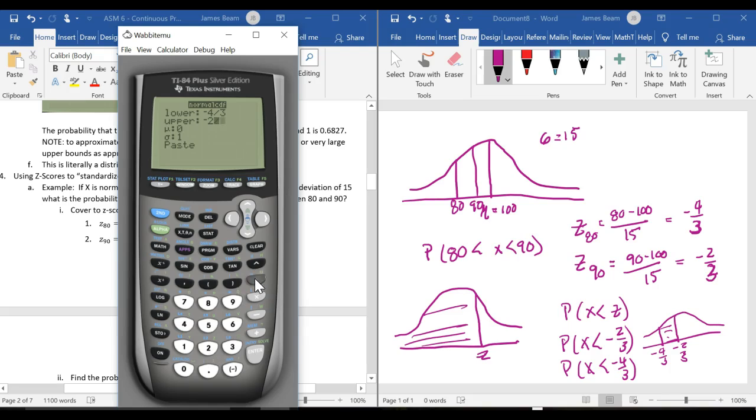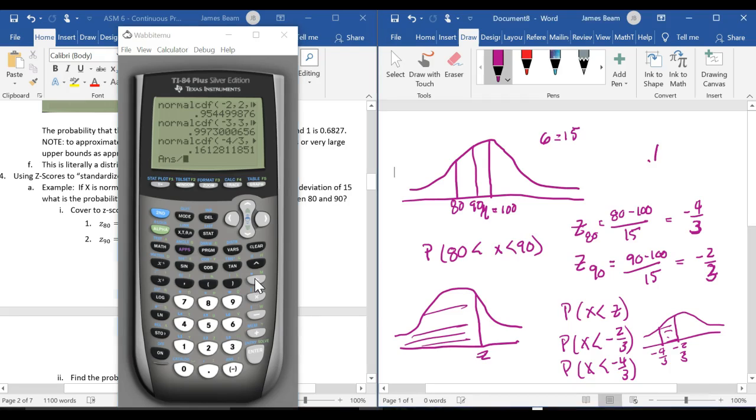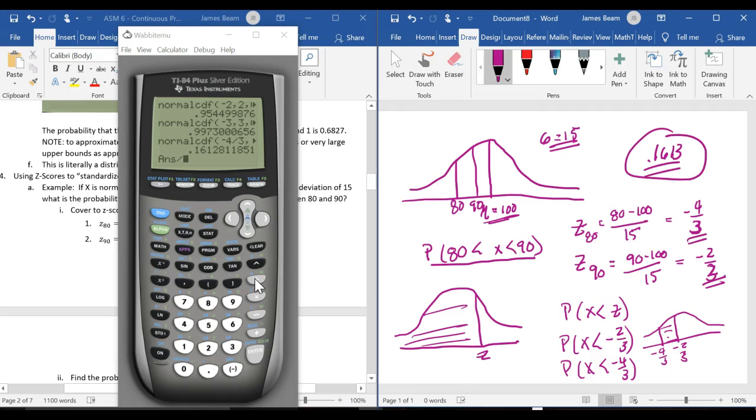And we're going to keep it as mean of 0, standard deviation of 1. And it's going to tell me that that's 0.1613. So 0.1613 is the probability that my z-score is between negative 4/3 and negative 2/3, which is the same as my probability under mean of 100, standard deviation of 15, that I'm between 80 and 90, okay?